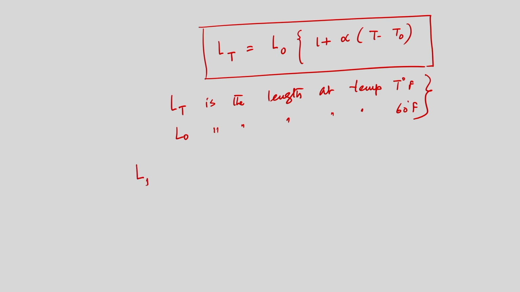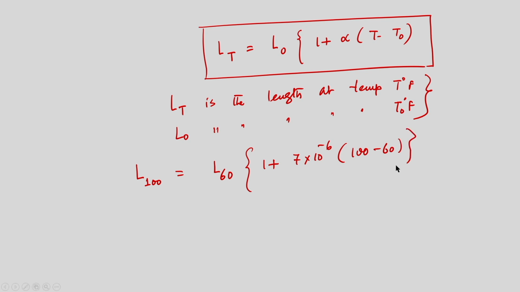So, our objective is to calculate the length at 100 degrees Fahrenheit, that is L 100. So, we can write, with T naught degree Fahrenheit, L 60 into 1 plus 7 into 10 power minus 6 into 100 minus 60.